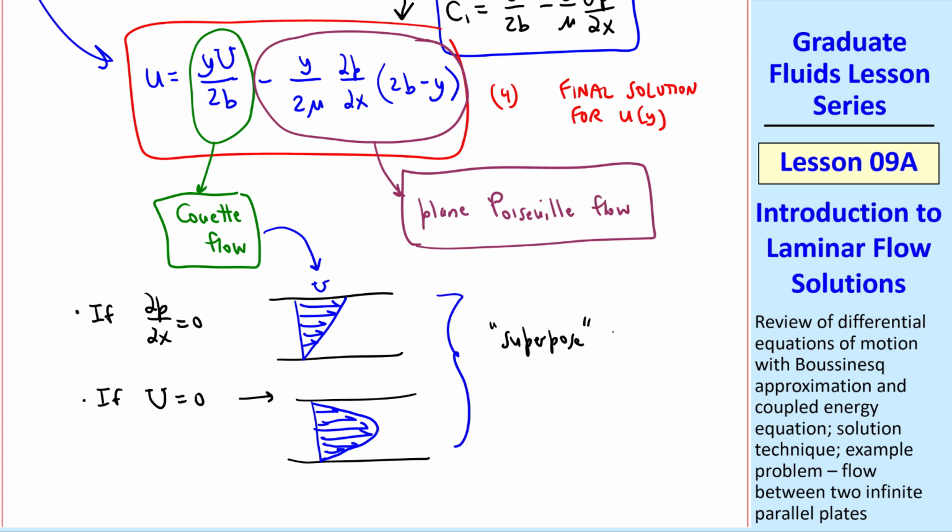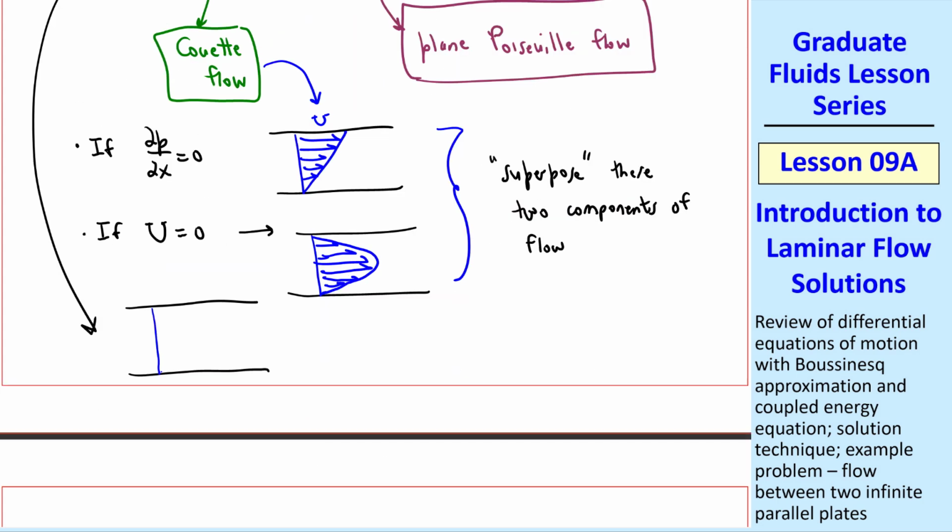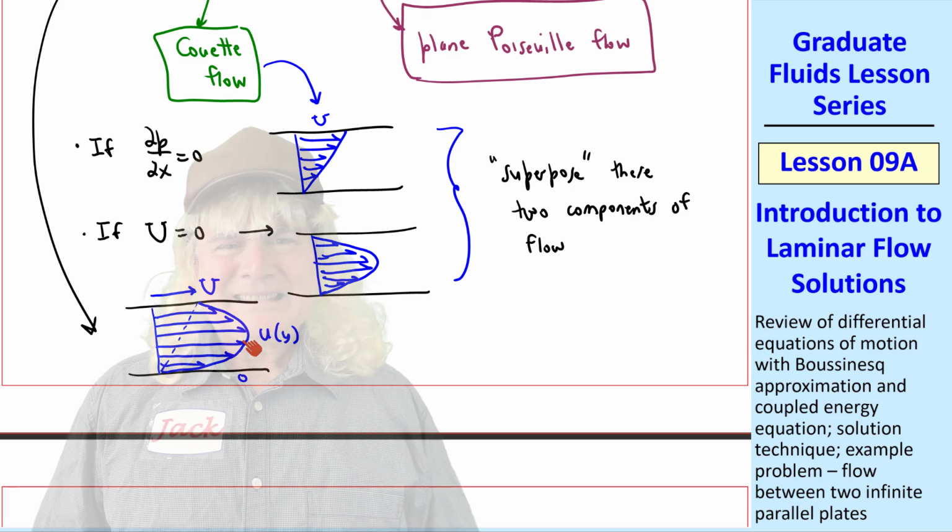We can imagine superposing these two components of flow to get the more general case of equation 4, which will be a combination of Couette flow and Poiseuille flow, so that the final velocity profile for u of y looks something like I sketch here, where u goes from 0 to capital U, and there's a forced pressure gradient that pushes the middle part of the flow downstream.